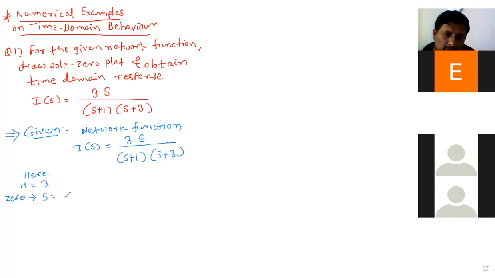S is equal to 0, because there is no number here, only s is there. So equate it equal to 0. S is equal to 0. At location 0 there is a 0.